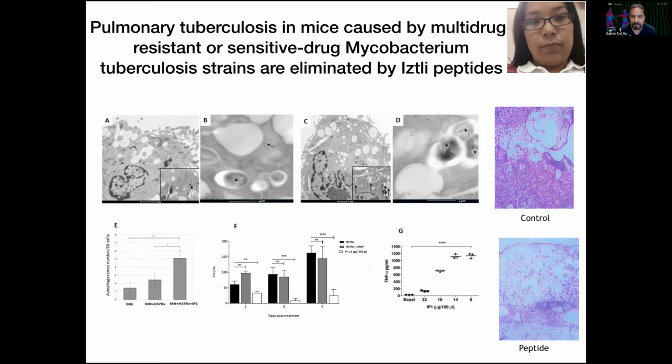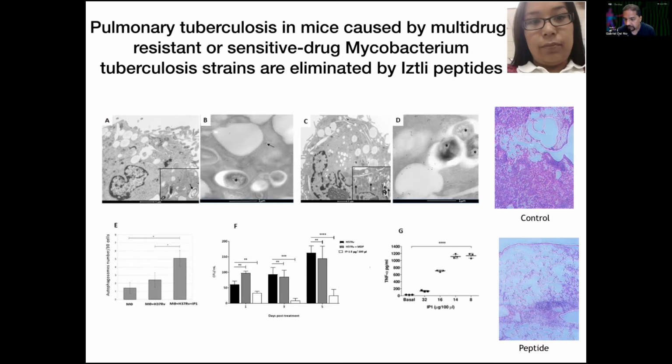What you see on these right side panels are the lungs of mice that were infected but not treated with our peptide, and you see the reduction of the areas where the lungs capture the oxygen, which you see in blue, and in purple you see the staining of the cells.